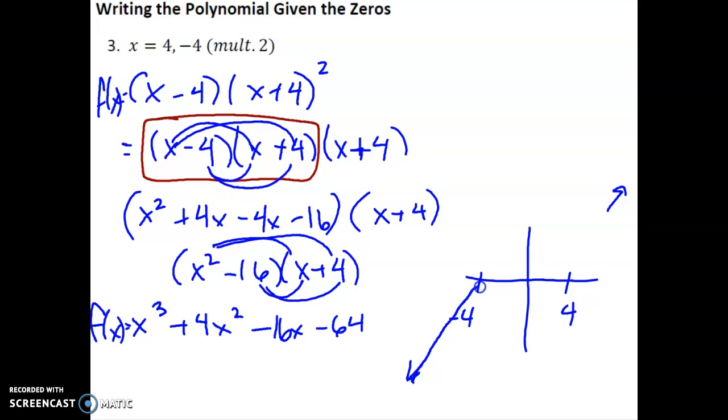So positive odd, I'm going to bounce, and then I'm going to cut. So this should actually touch the axis. Sorry, y'all, when I draw with my finger, it sometimes doesn't work out properly, but it should touch the axis right here and then cut through the axis right here. Which matches what we see here, and it matches the fact that it is a positive odd, it is a cubic, and it has 4 terms. It's a cubic polynomial.